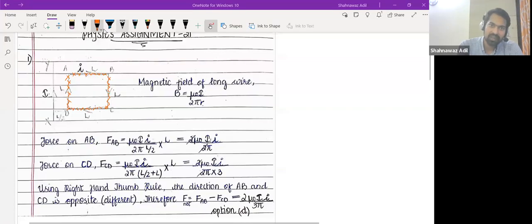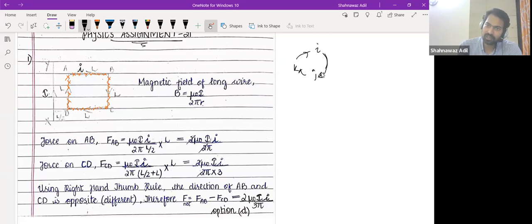Whenever somebody asks you what is I cross something, we make this diagram, without doing anything else.